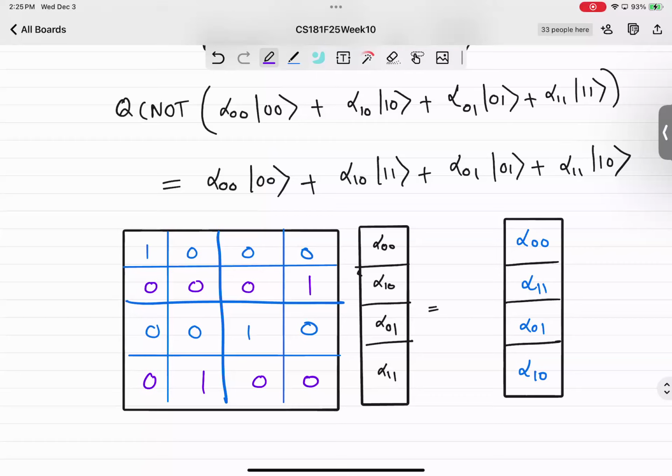You can check this with some calculations, but essentially I'm swapping these two entries here. So it's a simple enough operation, very close to the quantum NOT gate, except you're only doing one swap, whereas quantum NOT was doing two swaps, right?